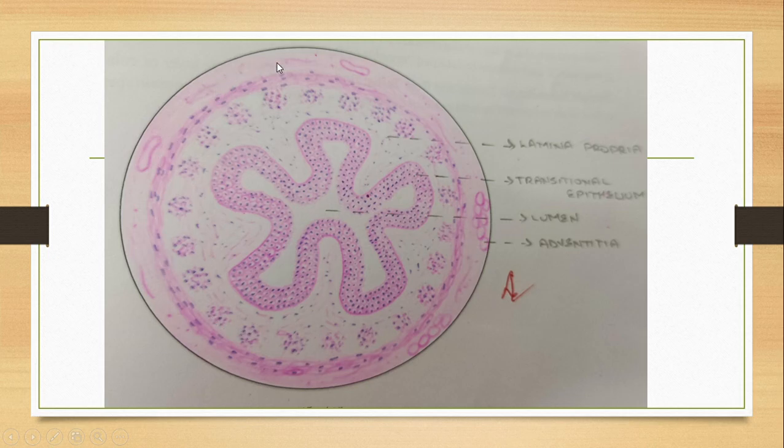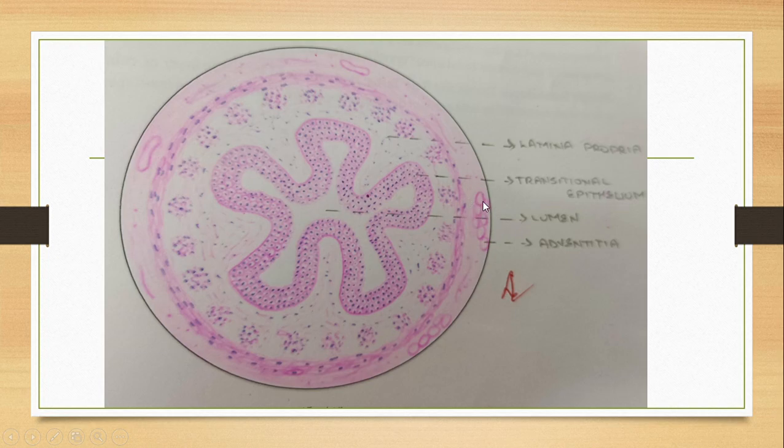Outer to that there is the connective tissue, the adventitia. In the adventitia you can simply draw the adipose tissue as rounded structures. The adipose tissue is the fat lobules, fat-filled bubbles.